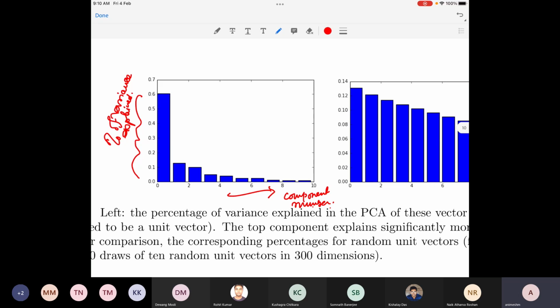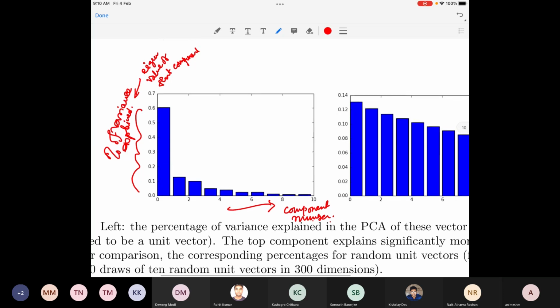Basically, this is connected to the eigenvalue of that component. So what do we see?